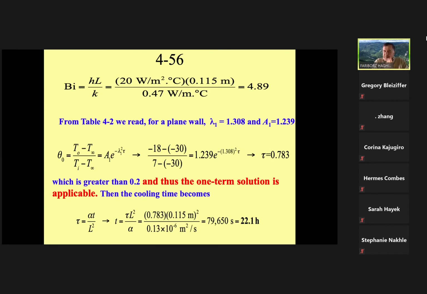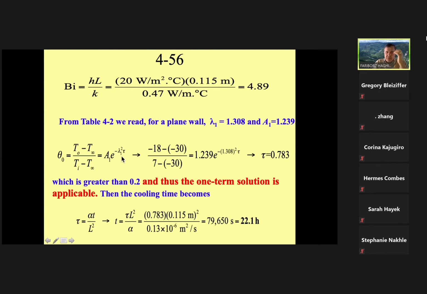Please read the problem one more time, look at this solution, and let's go to the next part. This is from your textbook, problem 4.56. If you have your textbook, open it. Here, we did it.